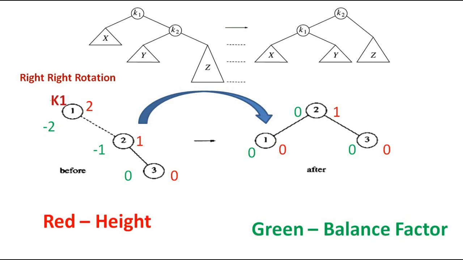Here, the root node is considered as K1, and subnode 2 is considered as K2. Then we have to rotate it. 2 is located in the root node, and K1, the 1, is rotated into the left side.